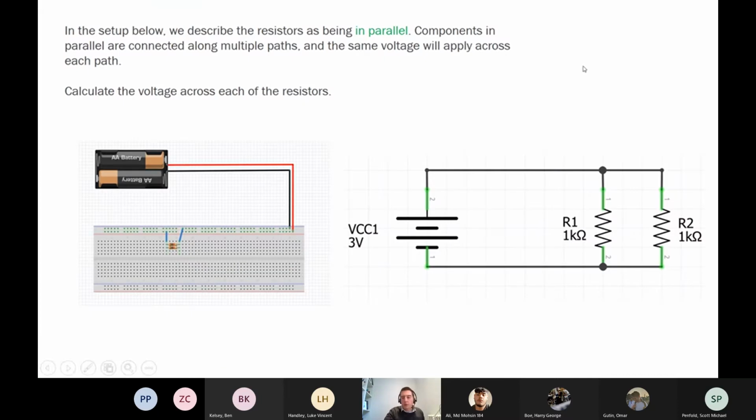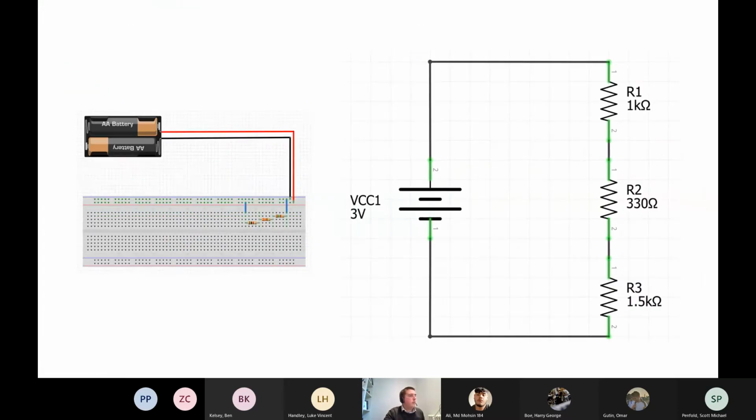Okay, back to the slides. This is the same kind of thing that we did 2 slides ago. It's a series circuit, so everything is in one loop and there are no branches. But this time we've got different resistances. And I guess what we're always trying to find is what's the total current and what's the voltage at each node, at each point in the circuit.